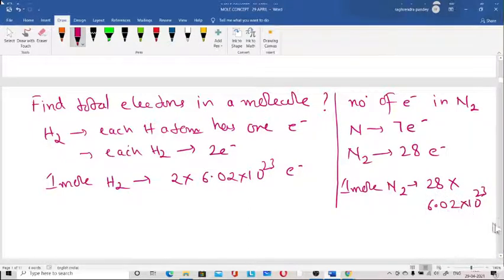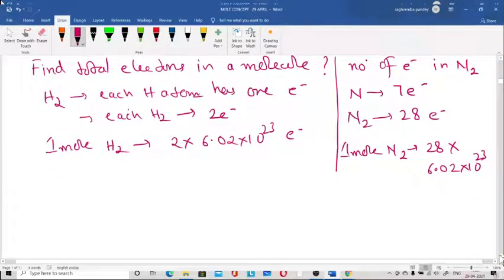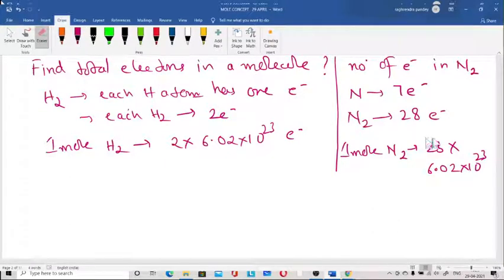So that is the basic concept of finding the electrons. Oh sorry, 14, not 28. Thanks for pointing out. That is 14, and here also it is 14. My mistake.